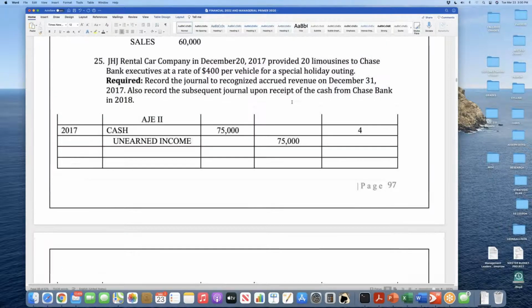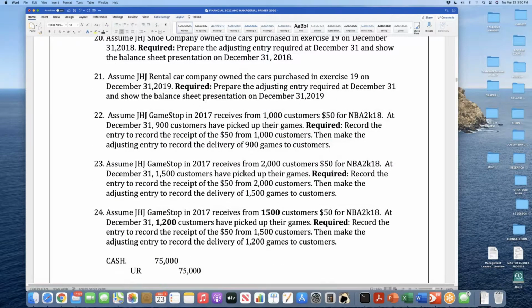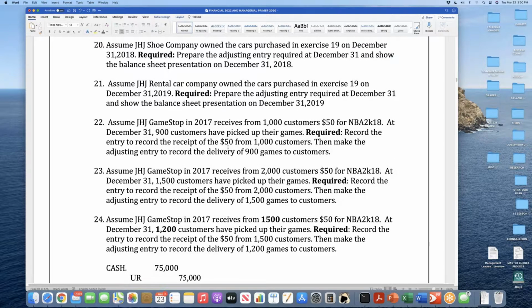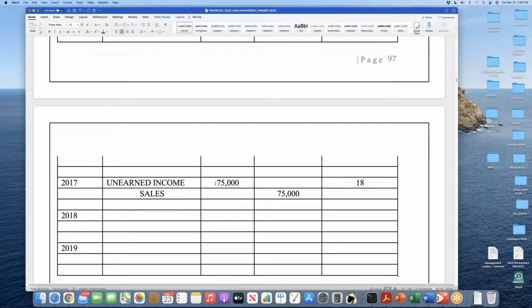Then how much did they earn? $60,000. Only 1,200 people actually picked them up. So yeah, okay, that's what they actually earned. 60,000. That's correct.